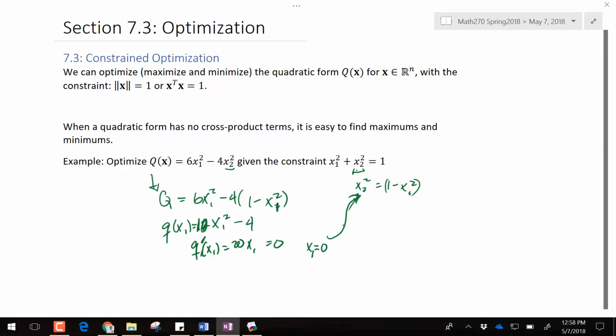And then we should probably look for the other variable, x2. So x2 squared is equal to 1 minus 0. So x2 must equal plus or minus 1.